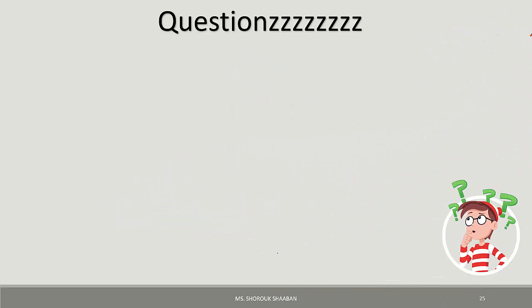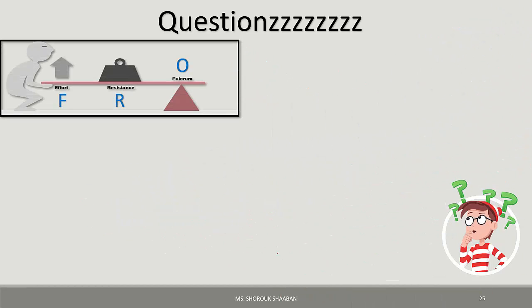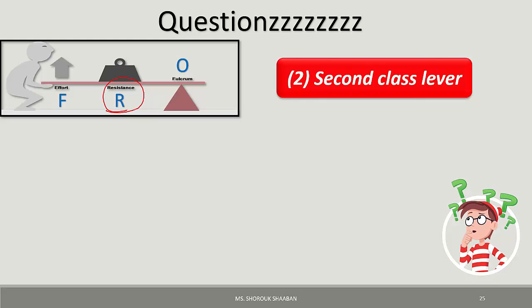In this picture, what is the type of this lever? First class or second or third? What's in between here? Resistance force. So in which class is the resistance in between? Second class lever. So this is a second class lever.